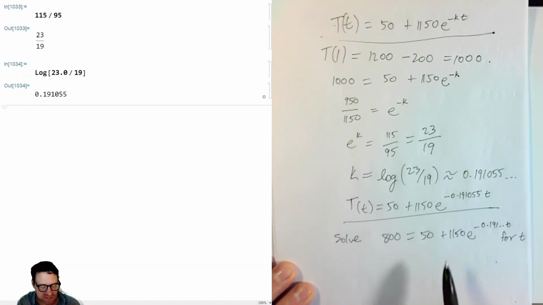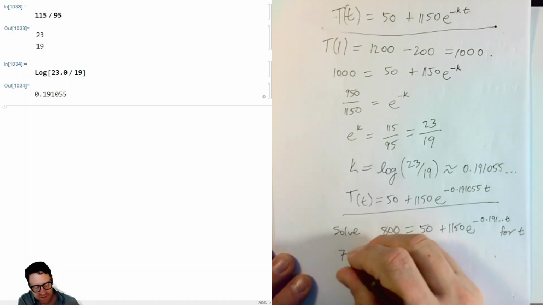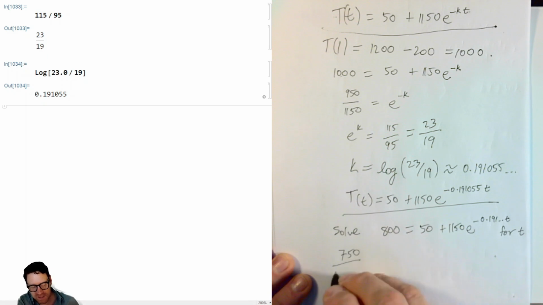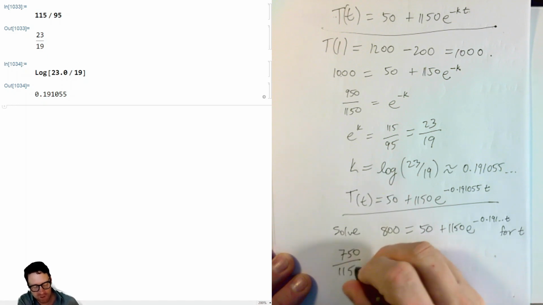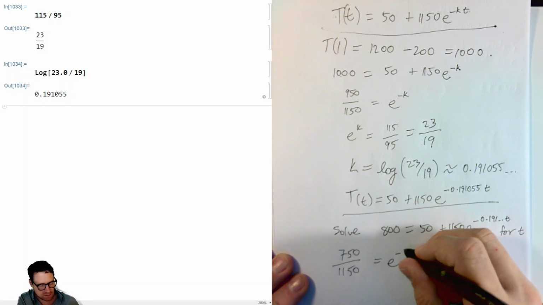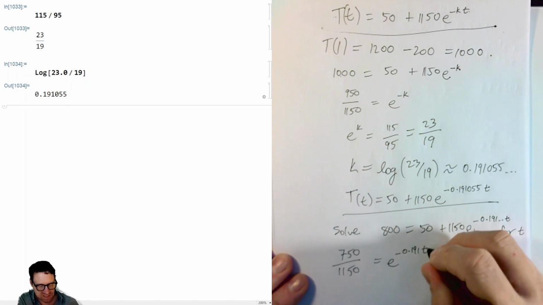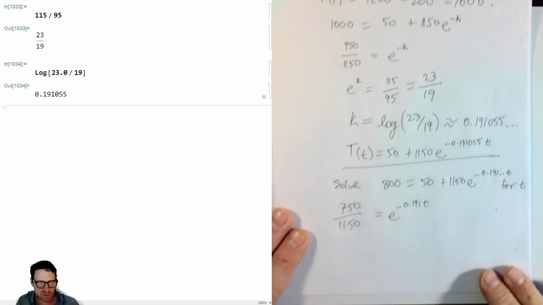Okay, so 800 minus 50 is 750. So 750 divided by 1150 is e to the minus 0.191 times t.